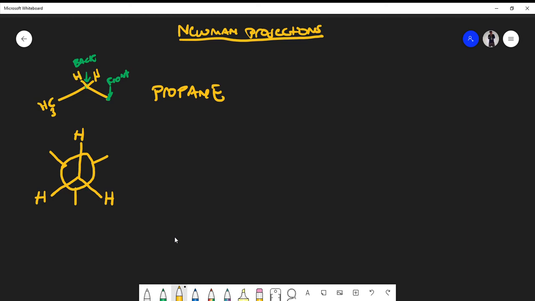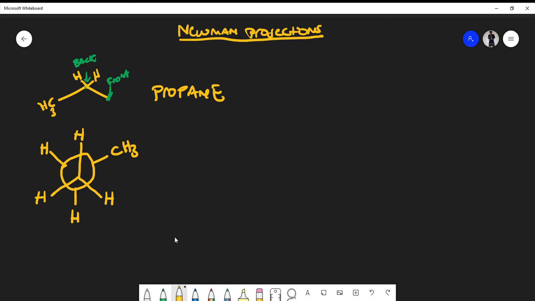Now we could put these substituents anywhere. In this case, I'm going to put my CH3 right here, and my 2 hydrogens on the other ends.